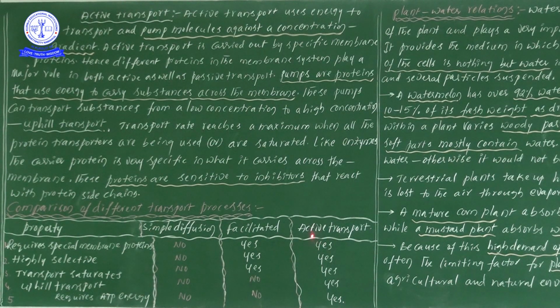Thereby, for active transport all five are yes. For facilitated diffusion, the first 3 are yes and the last 2 are no, and for simple diffusion all five are no. If you remember these 5 statements very clearly, then if I ask any question in NEET examinations, you will give answers very clearly.